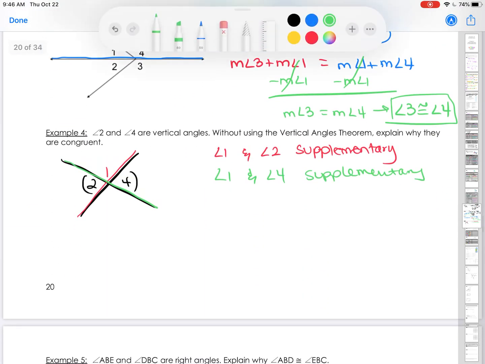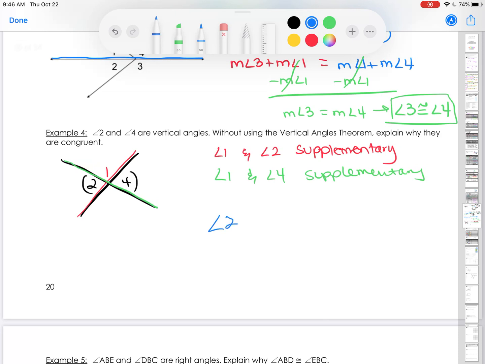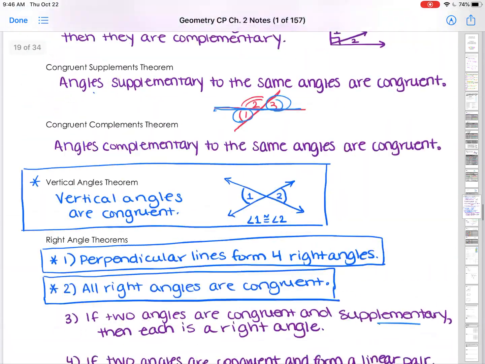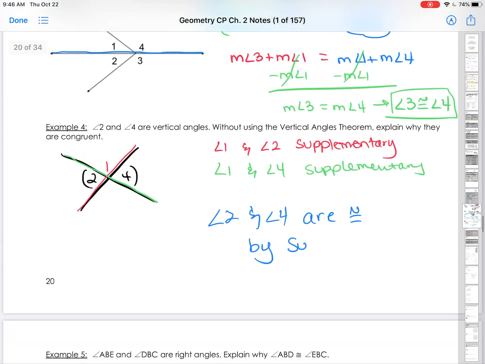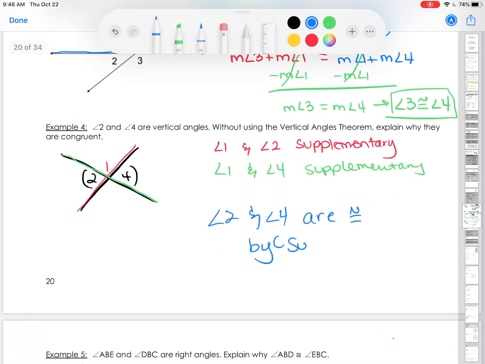So I can now say that angle 2 and angle 4 are congruent by the, what do we just call it? Sorry, I don't want to have the wording wrong. Sorry, the congruent supplements theorem. By the congruent supplements theorem.